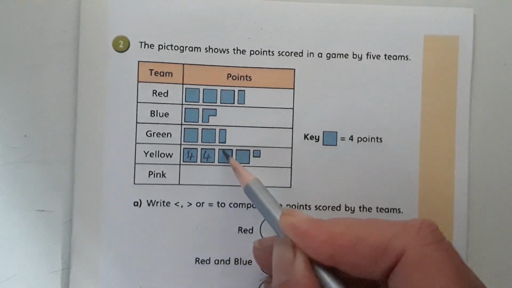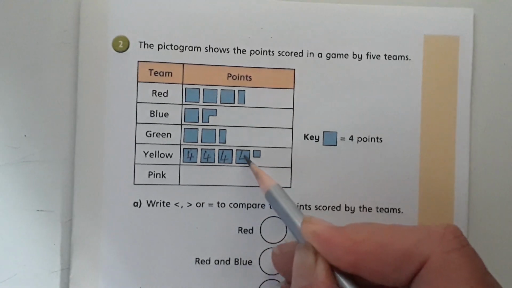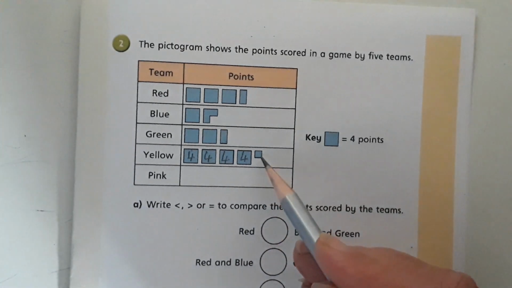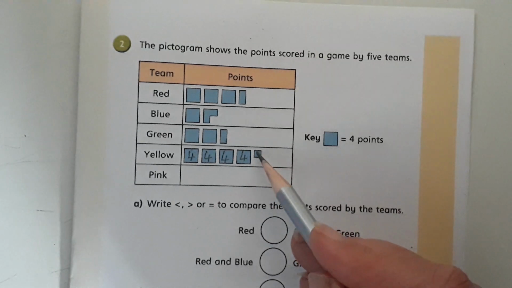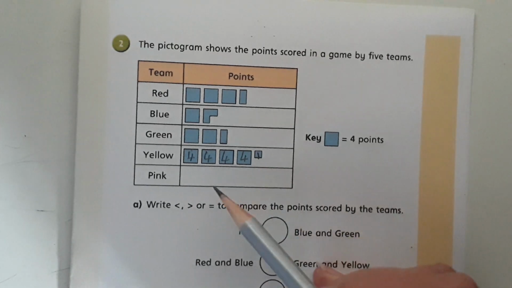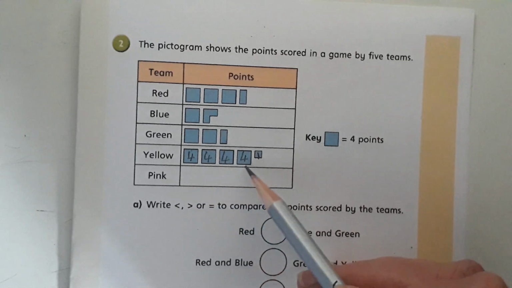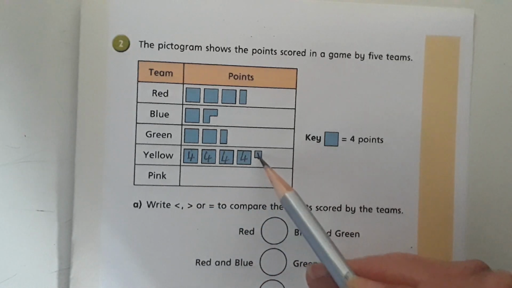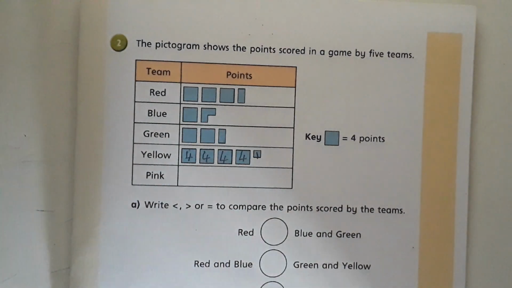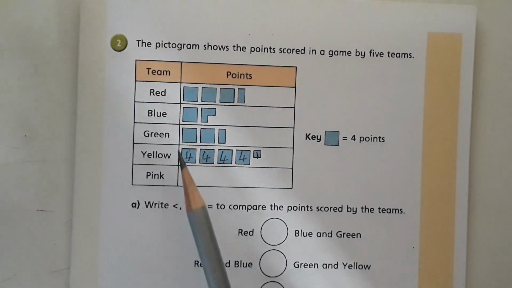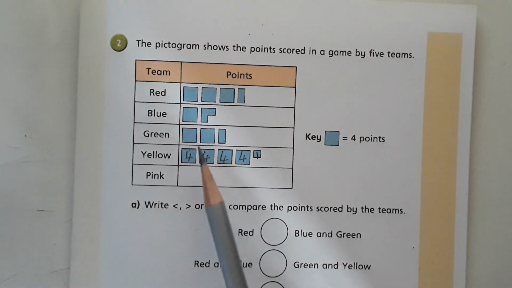Each of these whole squares is worth 4, and that's a quarter there, so what would that be worth? That'd be worth 1, and then we've got 4 lots of 4 plus 1. Okay, just work systematically through the questions, through the information.